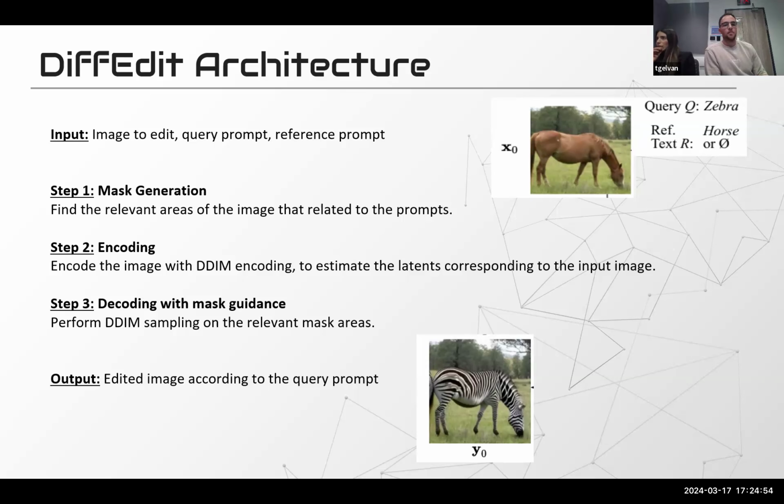And then we will use the latents of the corresponding image after the DDIM encoding and do DDIM sampling for the relevant mask areas to get a zebra just at the relevant place to be edited. And we will use the encoded latents for the background, as I will show you in the next slides. And at the end, we will have an edited image according to the query prompt.